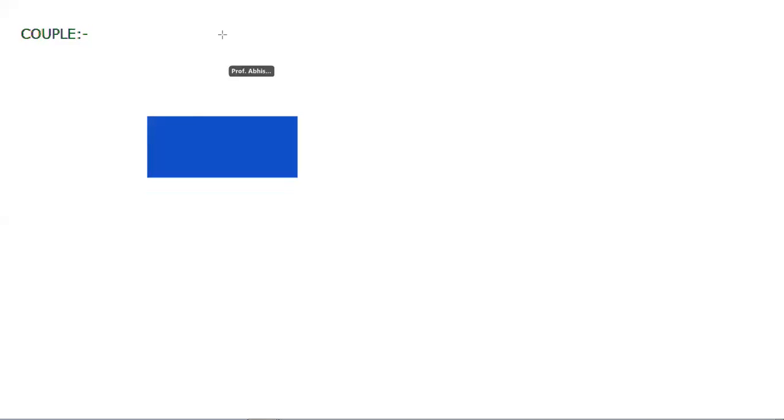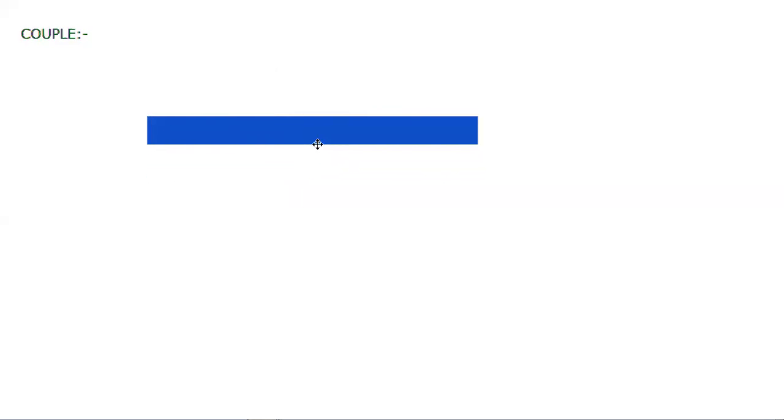Suppose that this type of object is there, this type of shaft or cylinder is there. Now here, two forces are acting. Suppose that one is acting downward and one is acting upward.